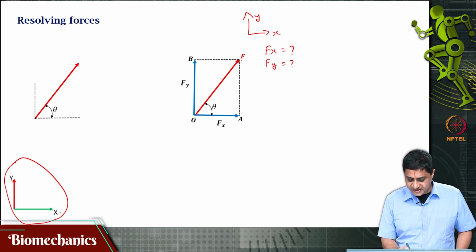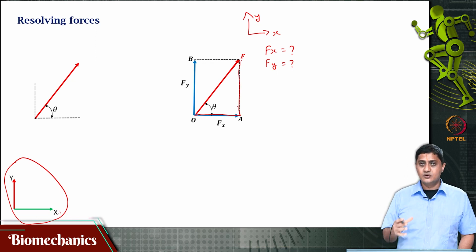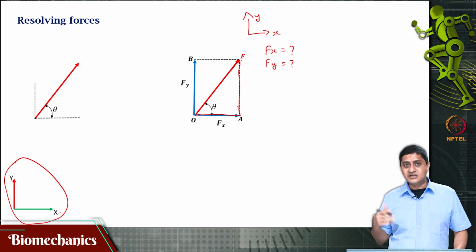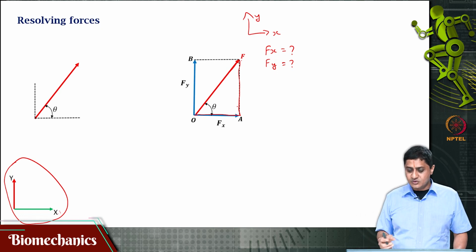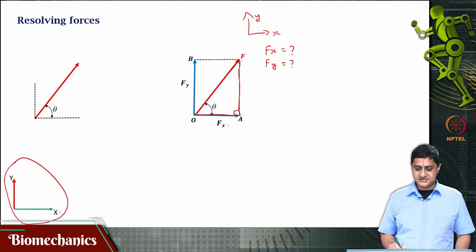Now, for finding the x component Fx, consider the right triangle. I know this is high school physics, but please bear with me because there are some students taking it from other backgrounds other than mathematics who may need this refresher. Consider this right triangle OAF, that is 90 degrees.